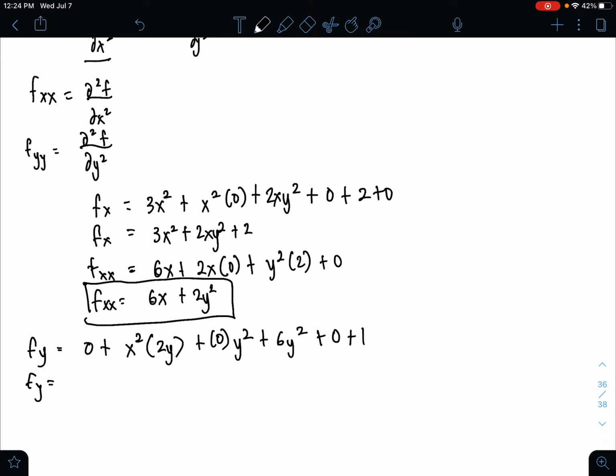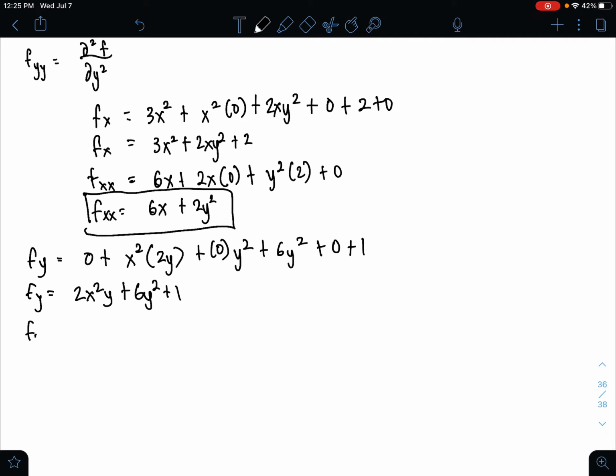So, our f of y is, ayan. Then, derive natin siya again with respect to y. So, u times derivative of y is 1 dv plus v, derivative of 2x squared, which is constant, plus 12y plus 0.